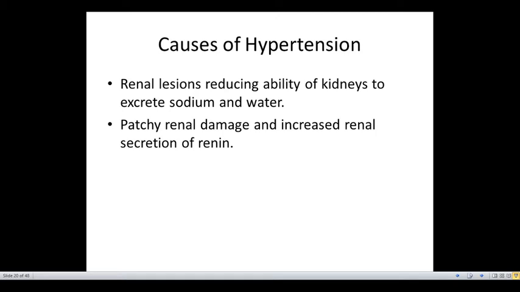Hypertension can result either due to renal lesions reducing the ability of kidneys to excrete sodium and water, or hypertension can result because of patchy renal damage and increased renal secretion of renin.